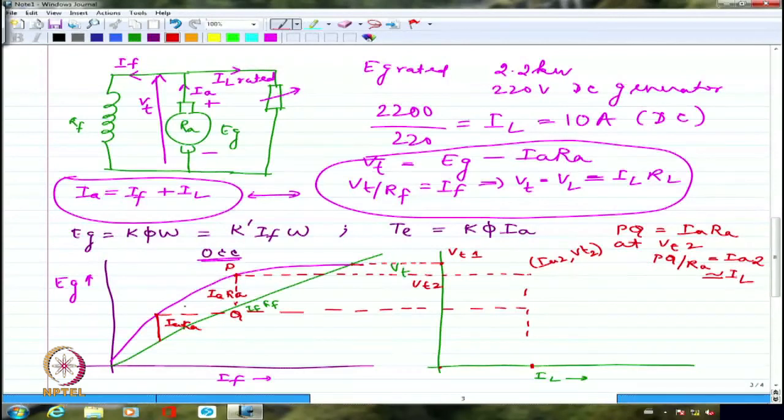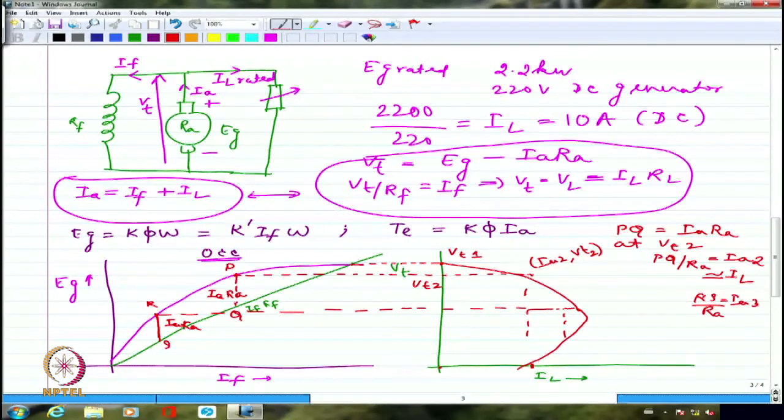If I try to get this as RS, I'm going to have RS divided by whatever is my RA. This will be maybe IA3, so slightly higher current. I have to essentially derive point by point. This was my second point, this was my third point, maybe my external characteristics will be somewhat like this, and finally it may end up under short circuit condition.